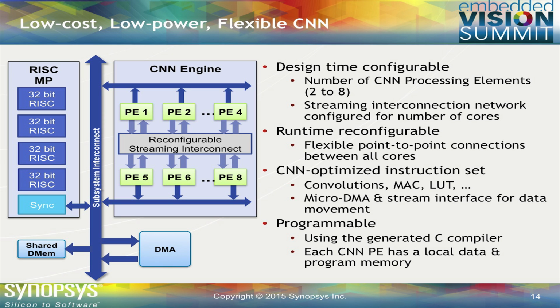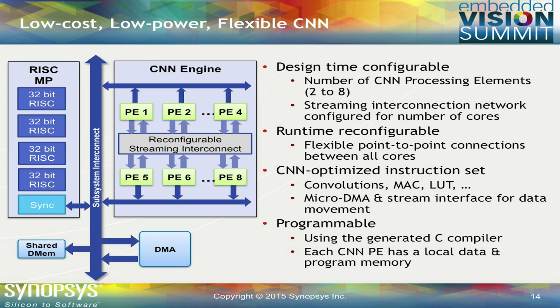On the left-hand side, you have a set of general-purpose RISC processors that can be used to run pre- or post-processing, before or after you do the CNN, because you always need to do some pre- and post-processing for a full application around a CNN, typically to do some color space conversion or scaling, or create a pyramid of your image to begin with, and then to analyze the results that you get out of the neural network at the end. So that type of operation can be done on the RISC cores here.